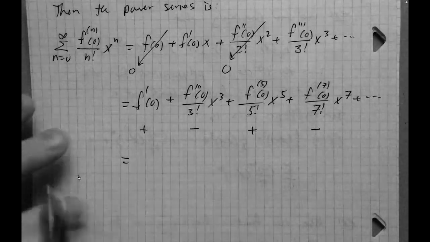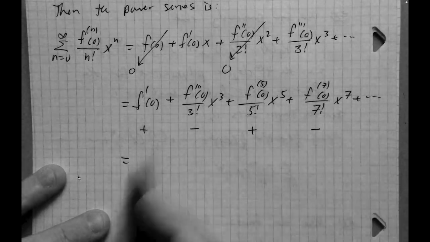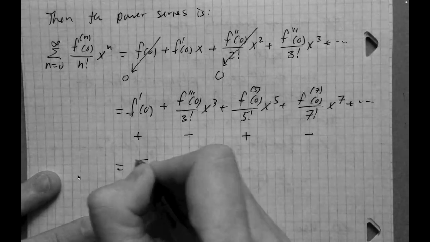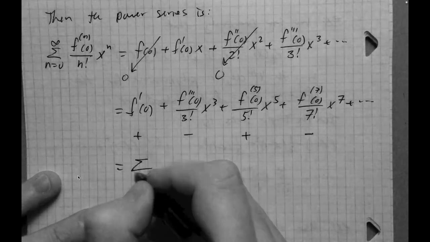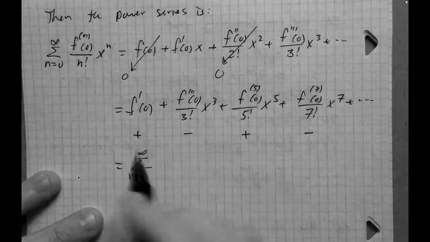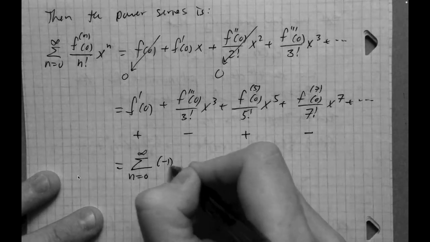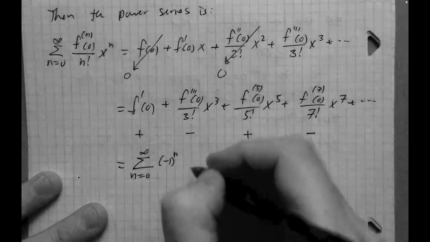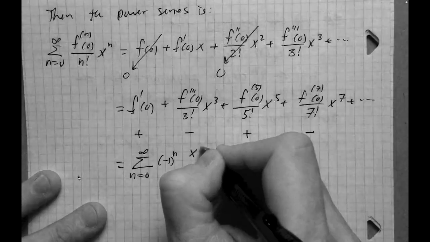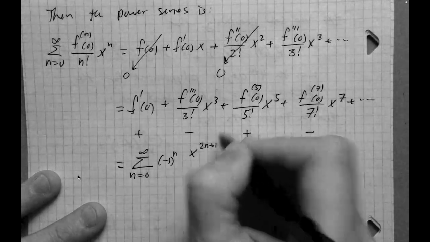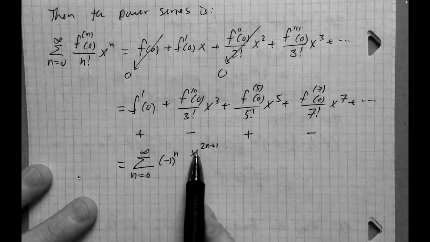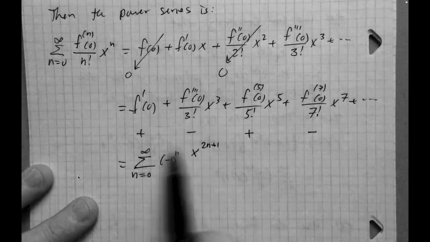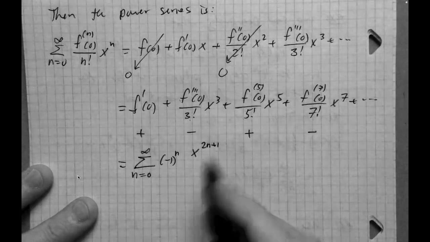Okay, and so when we consolidate all of this down into a really concise expression, we would say n equals 0 to infinity, that sum, and then you're going to have the oscillation handled by this -1 to the nth power, and then you'll have x, and it'll be 2n plus 1, right? So that would be like 2 times 0 plus 1 gives you the first term, 2 times 1 plus 1 gives you the second term, which is the third derivative in 3 factorial.